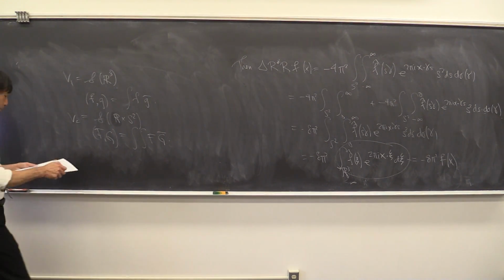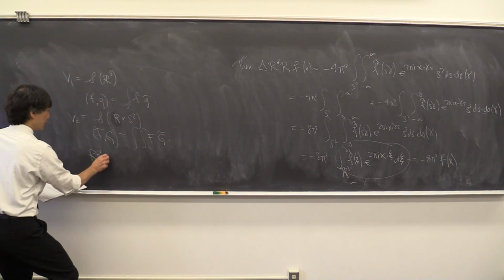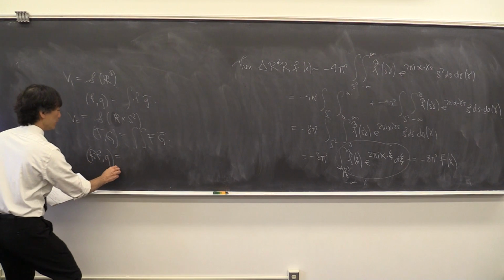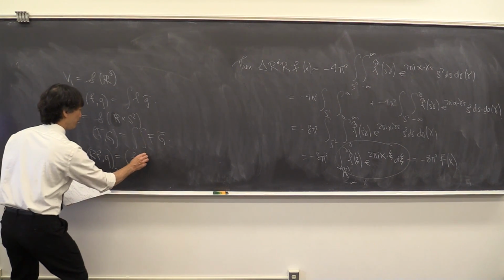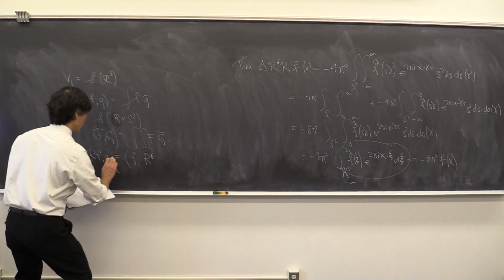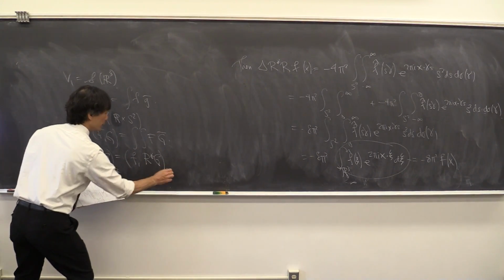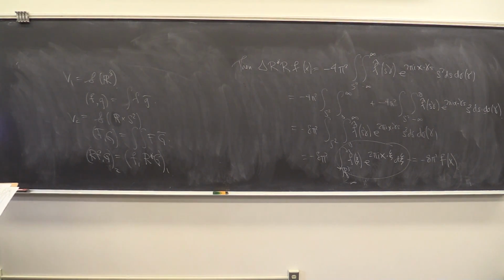So the inner product of Rf with g in the second one is the same thing as f with R star g in the first one. So that's, I think, in the exercises.